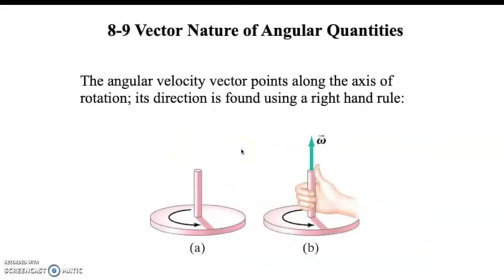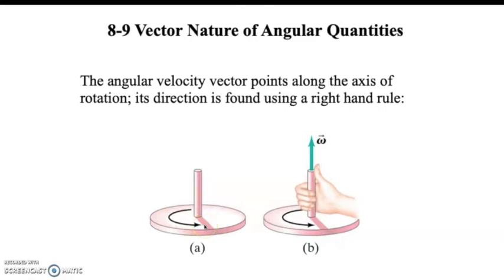So let's use our hand, and I can't really demonstrate this. I might try to demonstrate it as we discuss problems. But the angular velocity vector always points along the axis of rotation. Its direction is found using the right-hand rule. So what I mean by that is you have something spinning, okay? The fingers go in the direction in which you're spinning.